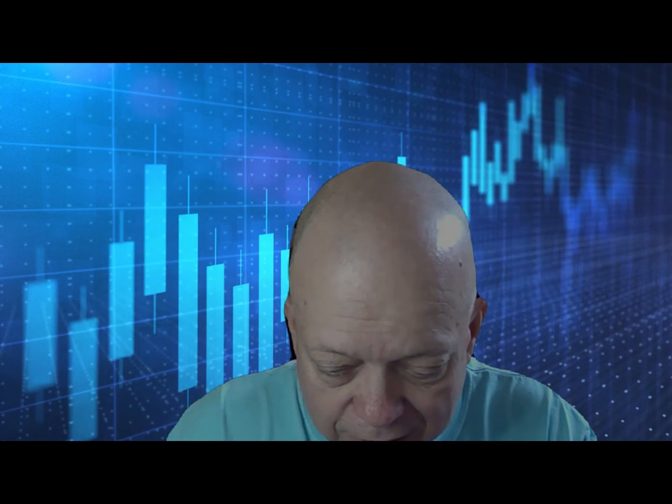So when you look at stocks versus ETFs versus options: ownership. With stocks, yes, you have ownership. With ETFs, you have ownership. With options, you don't have ownership. You have a contract. Risk level: stocks are medium, ETFs are low, and options are high. Complexity is low for stocks, low for ETFs, and high for options.